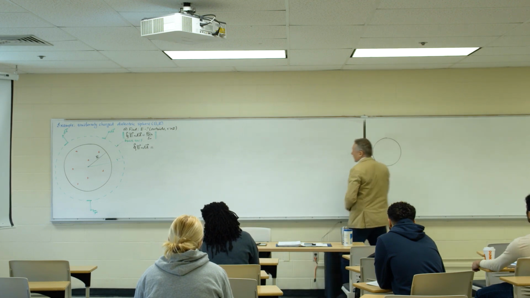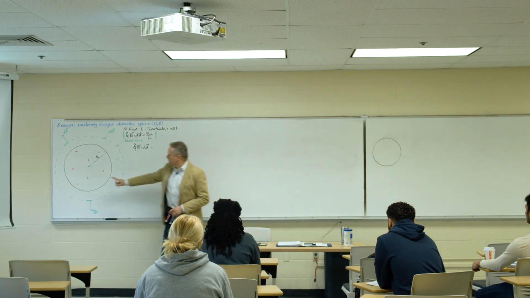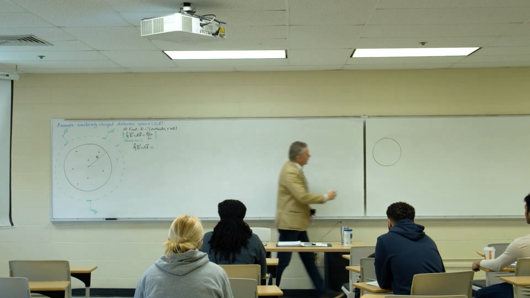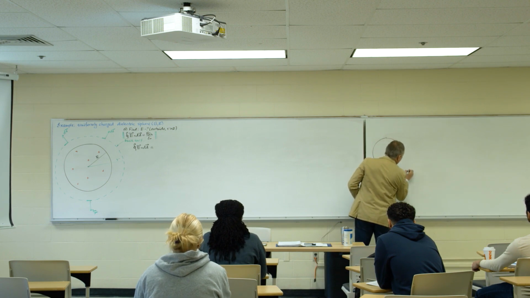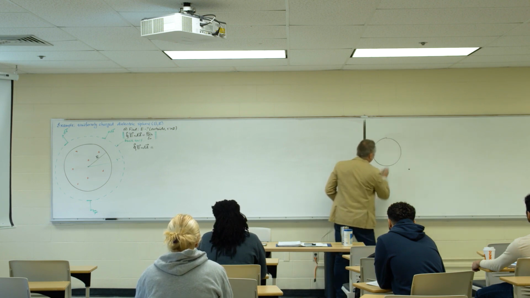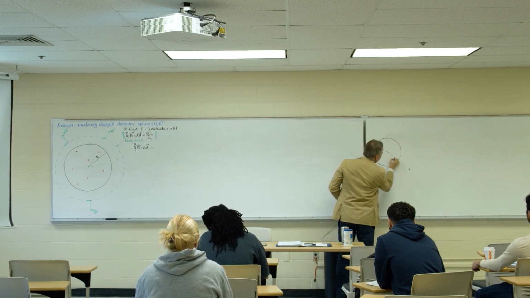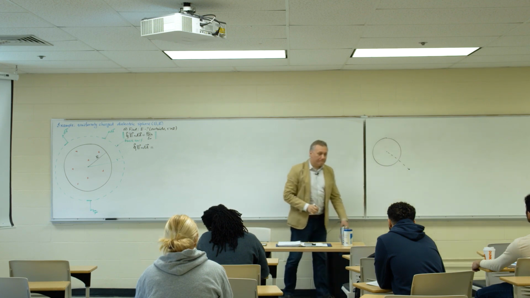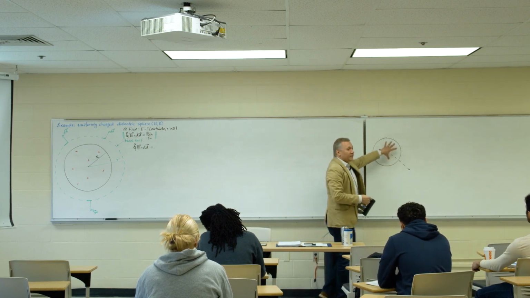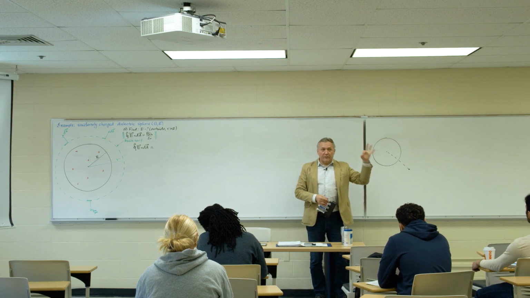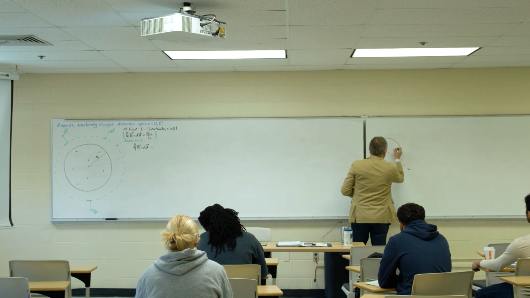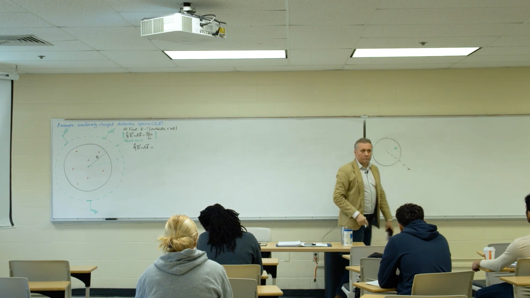Okay, so this is my charged sphere, right? And let's say I want to find, I don't know, electric field at this point. And this is the center, this is the line connecting them. So, since it's a uniformly charged sphere, of course I can, for example, over here, I can find some point charge.